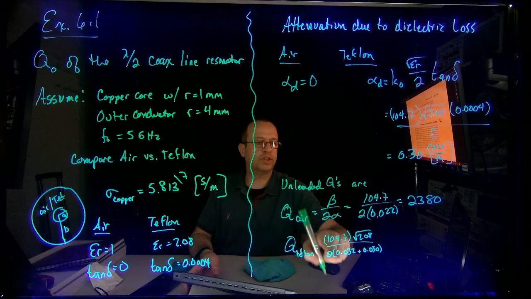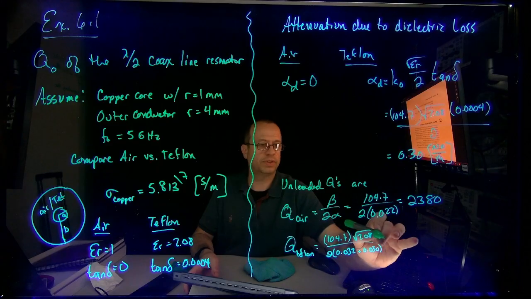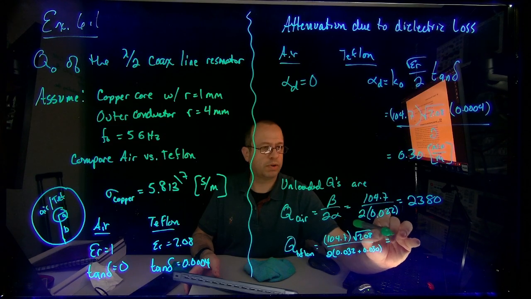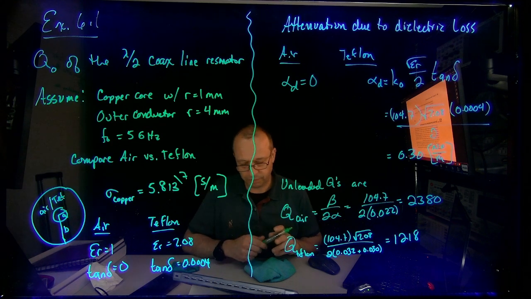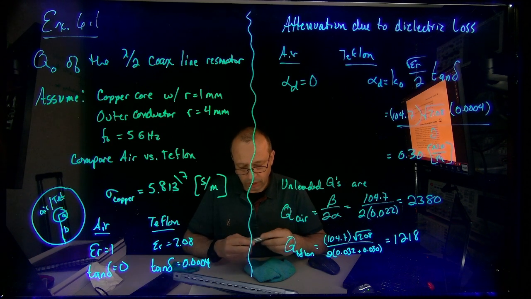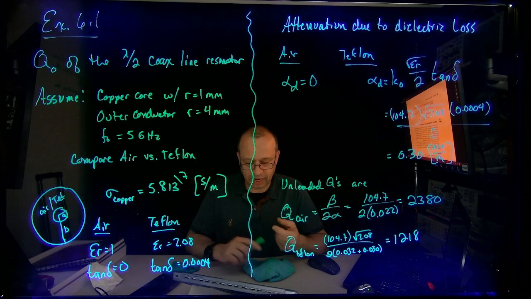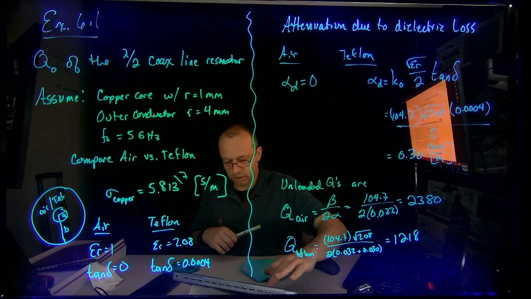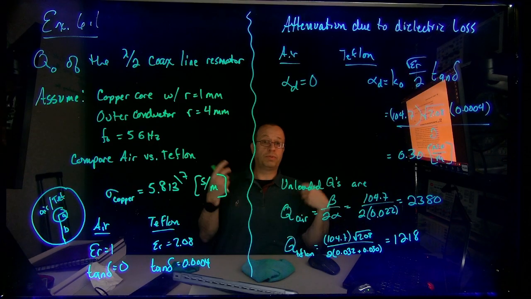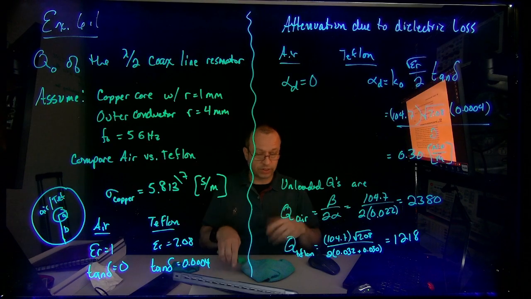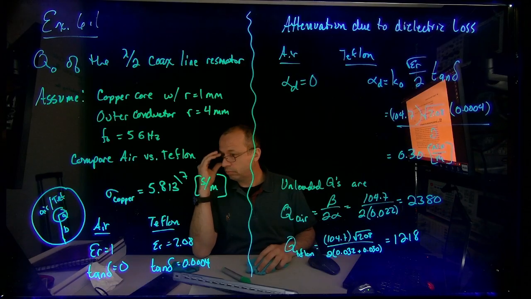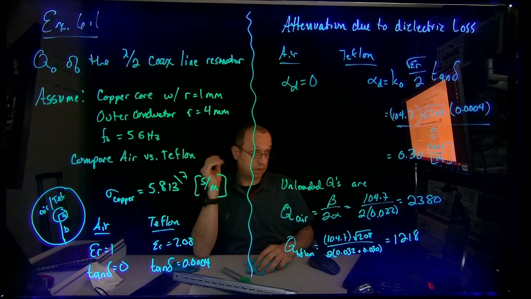When we're doing this, you have to make sure you add in both alphas, which equals 1218. So it has a lower Q value. The Q of the air-filled line is almost twice the Teflon-filled. So that is how you calculate your Q factors. You have to take into account all this other little stuff. Pretty nice example problem. I like it.